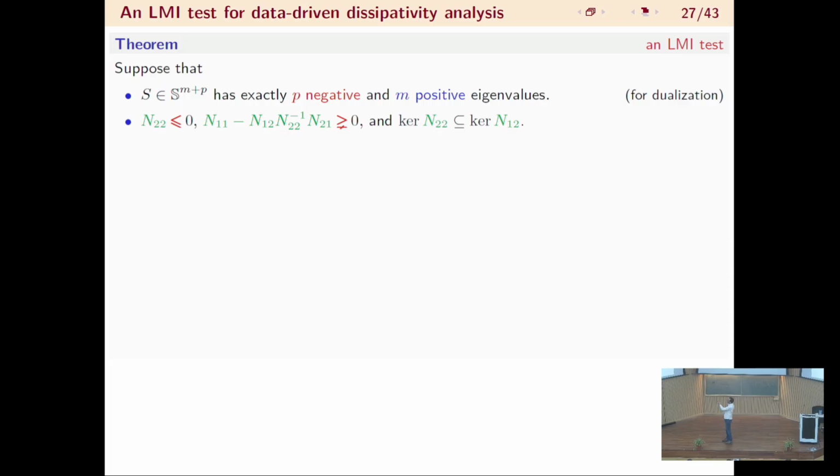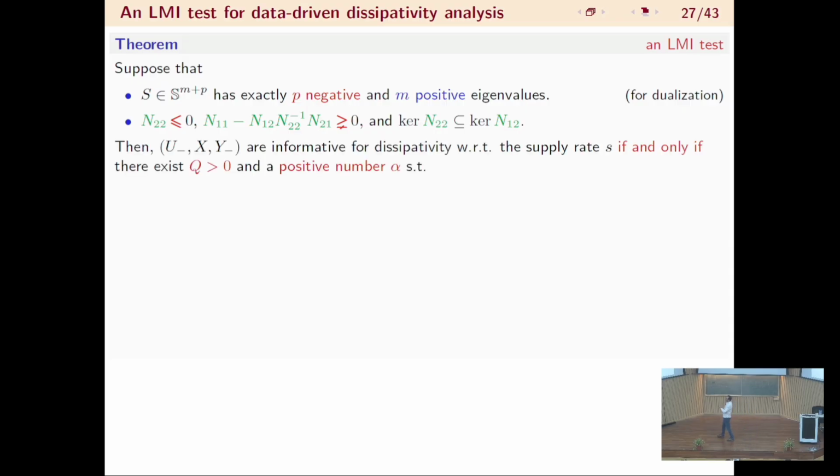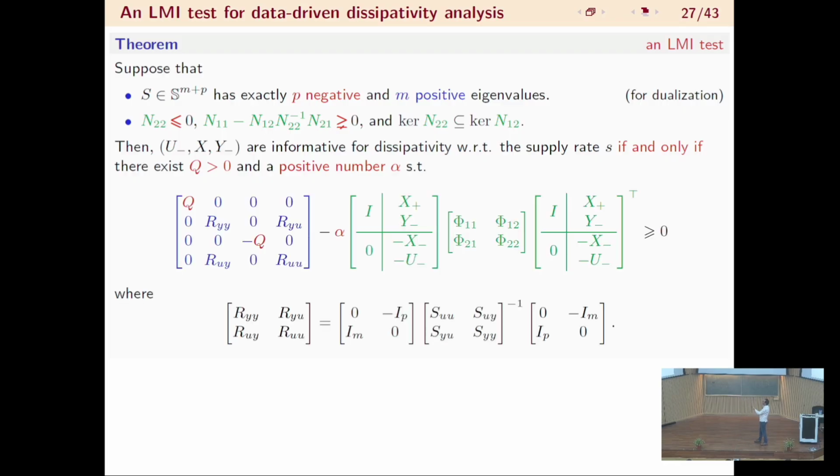This is for guaranteeing P and S to be non-singular. And this is to guarantee that we can apply matrix S lemma. And under these two conditions, we can prove that the data are informative for dissipativity with respect to the given supply rate, if and only if there is a positive definite Q and a positive number alpha, such that this inequality is satisfied.